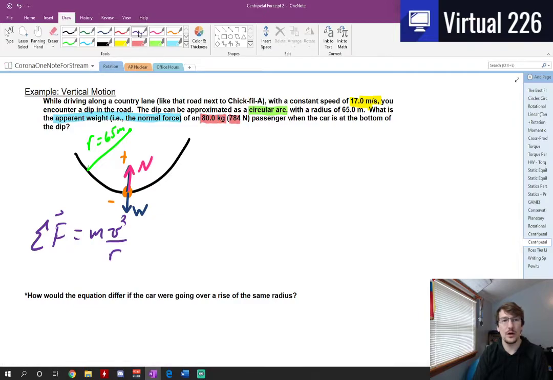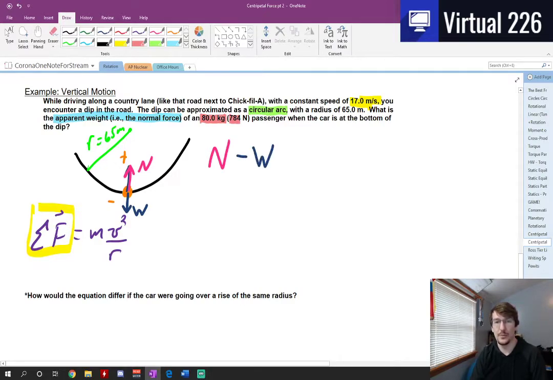So when we write out our sum of forces, and this is so important because there's two of them, we're going to have a normal force, which is positive, plus a negative, so adding a negative is subtracting, minus a weight, and this is going to equal mv squared over r. Now, we're solving for the normal force, so we'll leave that as N. And we happen to know our weight. We've got 80 kilograms of mass, and the weight is m times g, so 80 times 9.8 gives us 784.